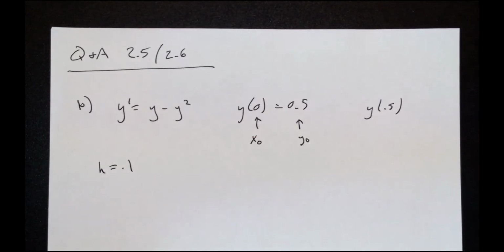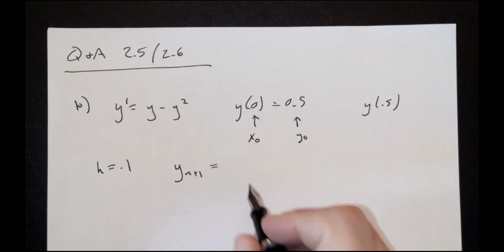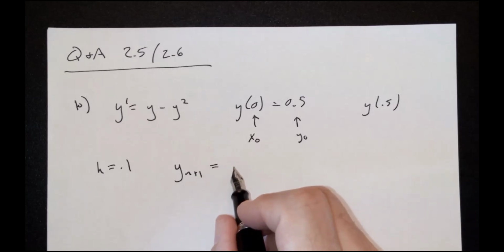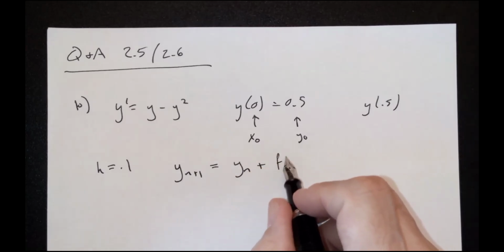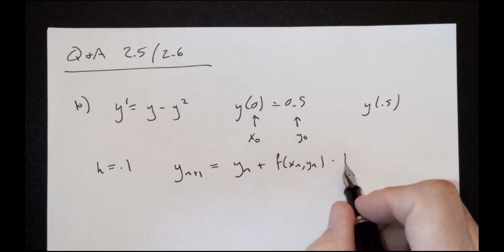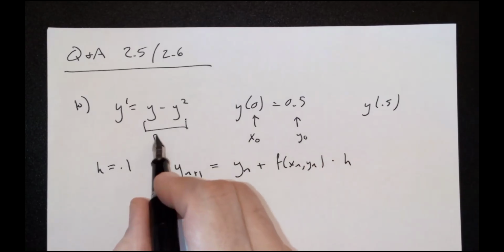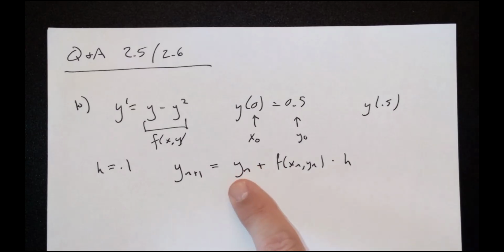So formulaically, to get the next y value, I calculate the slope at the current y value and x value, multiply by h, and add that to the y.